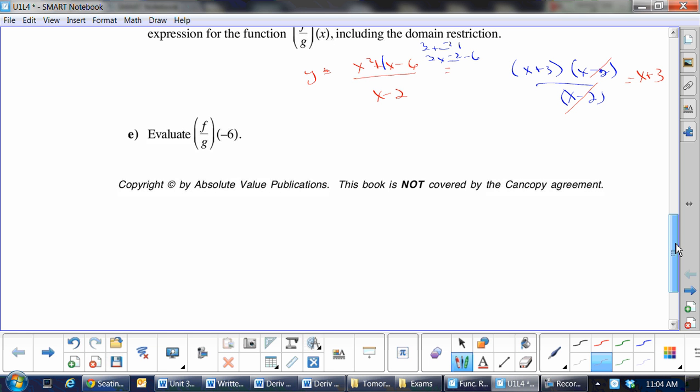And you can put x plus 3 into your calculator. It's going to give you the nice graph. But I need you to be very, very careful, especially in your diploma: x squared plus x minus 6 over x minus 2, does it equal x plus 3?